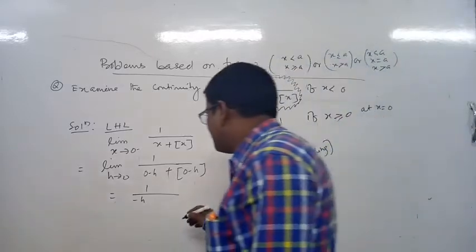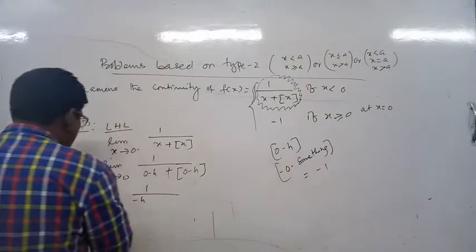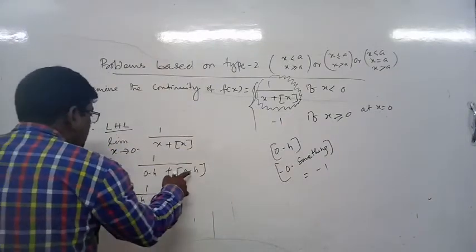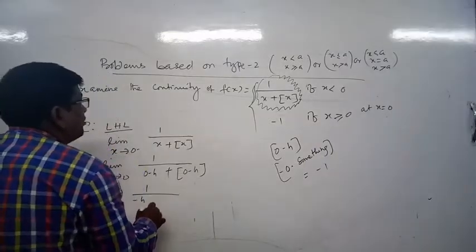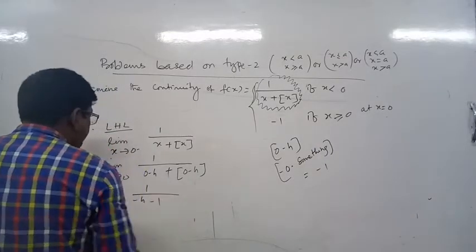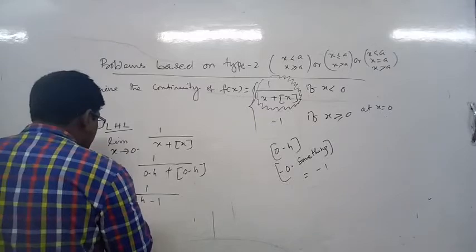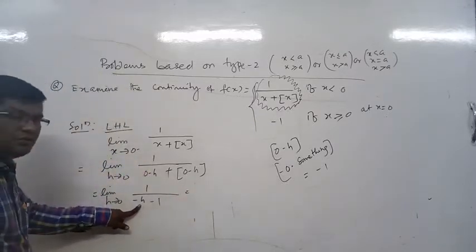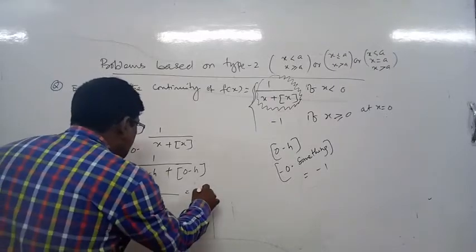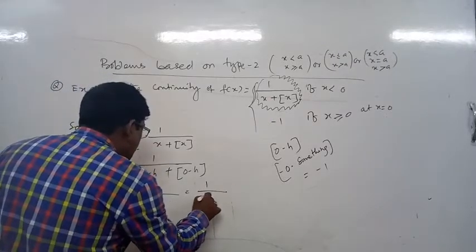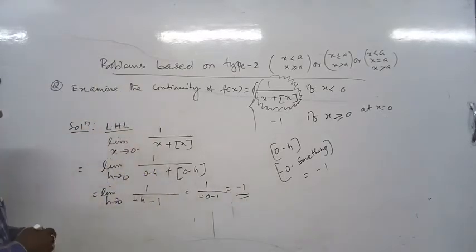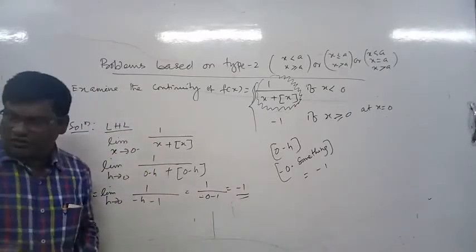So its value, here limit h tends to 0, this is minus 1. So put h is equal to 0. Then it's 1 by minus 0 minus 1. This is equal to minus 1. Left hand side limit is equal to minus 1.